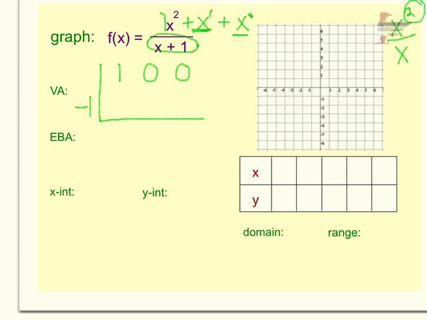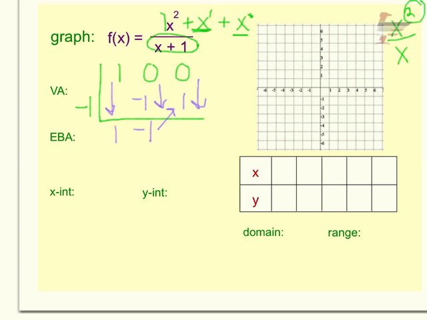Always the opposite sign. Now when you go to do your synthetic, again, you just bring down your first number, so you have 1. And then you're going to take 1 times the negative 1, which is a negative 1. And then we add down. 0 plus negative 1 is negative 1. And then negative 1 times that negative 1 is a positive 1.